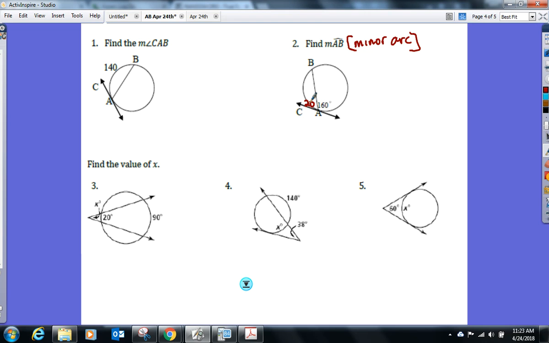Will, how is that angle found? Using the arc, how is that angle found? So you want me to take half of 20? Double 20 because I'm looking for the arc, all right? So arc AB is going to be 40 instead.